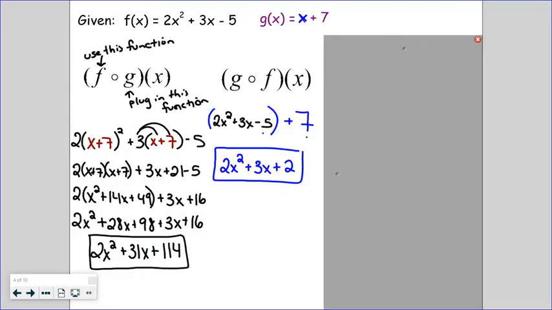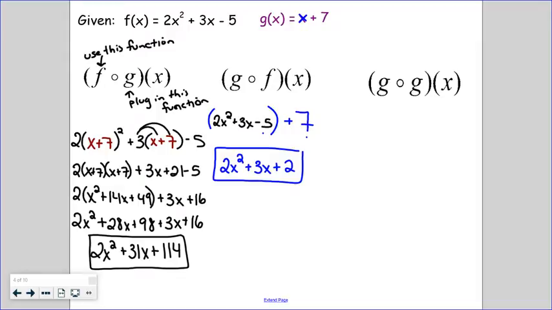Now, these can get a little bit weird or can get multi-layered, so I just want to give you some other ways that this can look. You can be asked a question such as g of g of x. And that seems weird, right? But you just follow the same pattern. So we write out function g, and everywhere there's an x, we plug in function g. Okay?